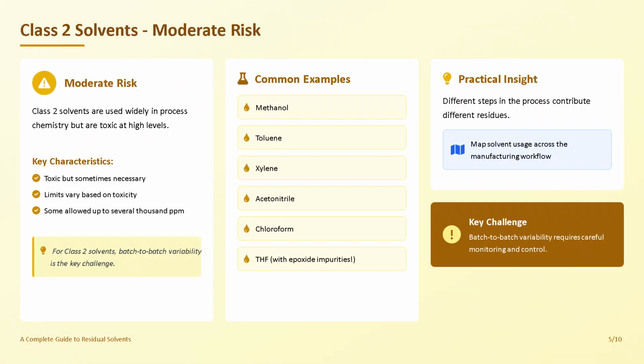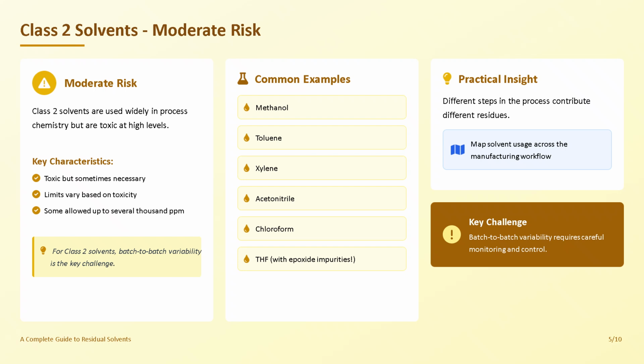Next, we have Class 2 solvents. These are substances that pose toxicity risks but are still widely used because they're effective in chemical synthesis and process operations. Examples include methanol, toluene, acetonitrile, chloroform, and THF. The limits for Class 2 solvents vary based on toxicity.